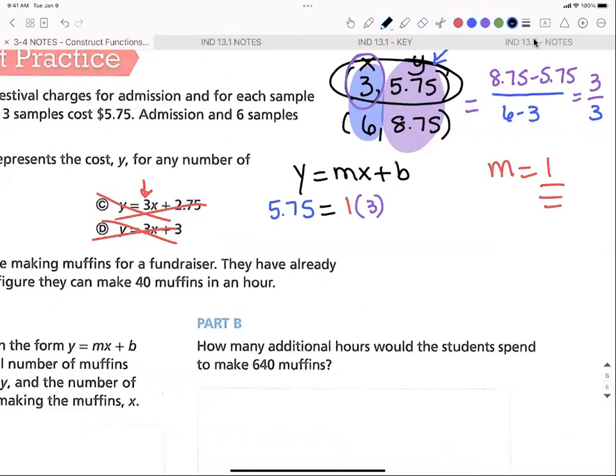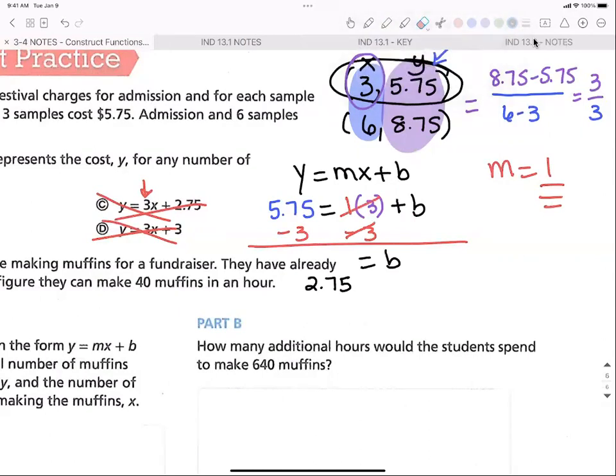And then I can find my plus B here because I have everything else. So 1 times 3 is just 3. So I'm going to subtract 3 from both sides. The 3 and minus 3 cancel out, leaving me that my B equals what? 2.75. I didn't really line that up well, and don't do what I did.